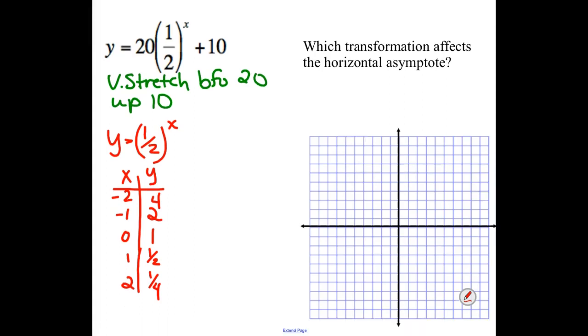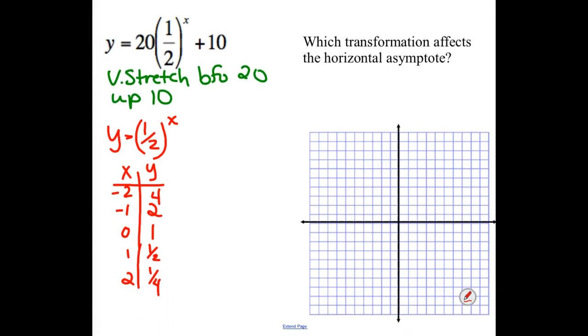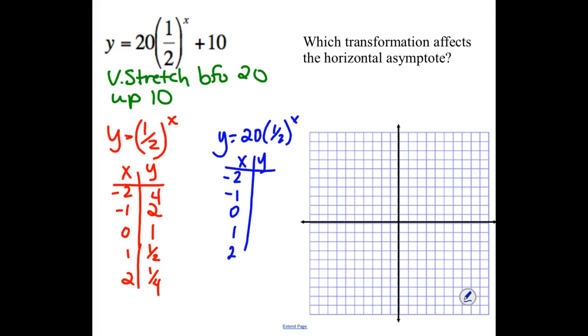Now, we said we have to do a vertical stretch by a factor of 20. That means all of my y values are going to get multiplied by 20. Okay? So let's look at what that would be. The 4 is going to turn into 80 when I multiply by 20.